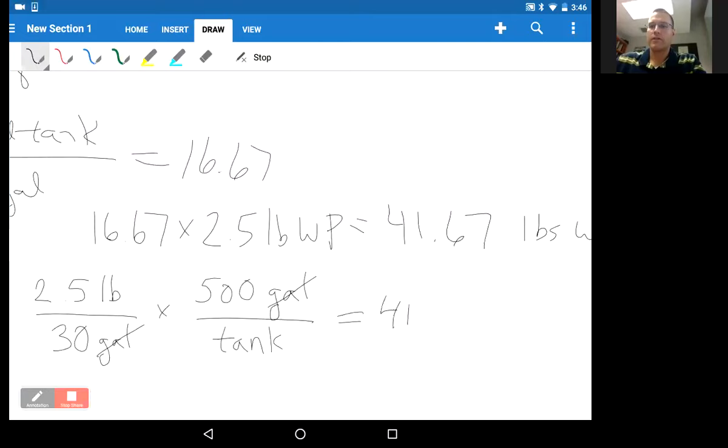So maybe that helps a little bit more to think about it in terms of units cancellation. So 2.5 pounds of wettable powder goes in each 30-gallon solution. And we have a 500-gallon tank. So we ultimately want to know how many pounds of wettable powder per tank. So it's 41.67. We can discuss this a little bit more in class if you have questions on that.